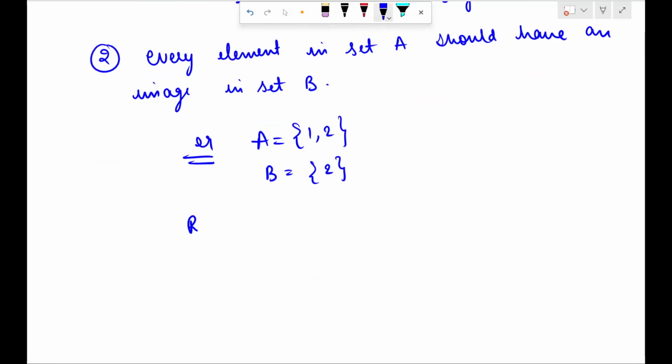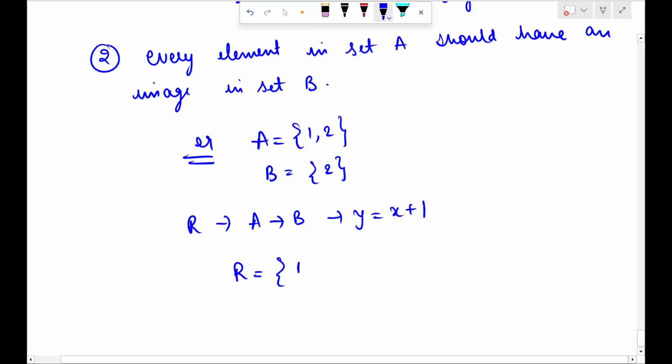So we have a relation from A to B where y is equal to x plus 1. So mathematically we can write (1, 2) is the only pair in the relation.